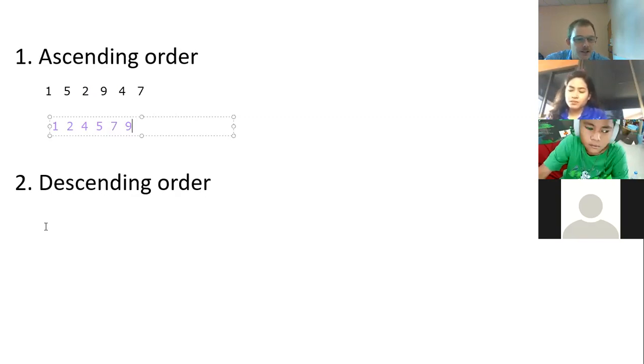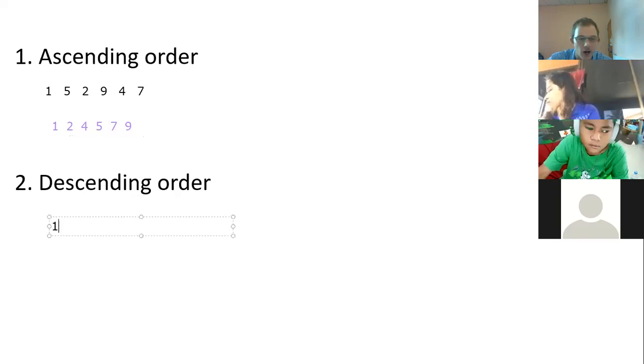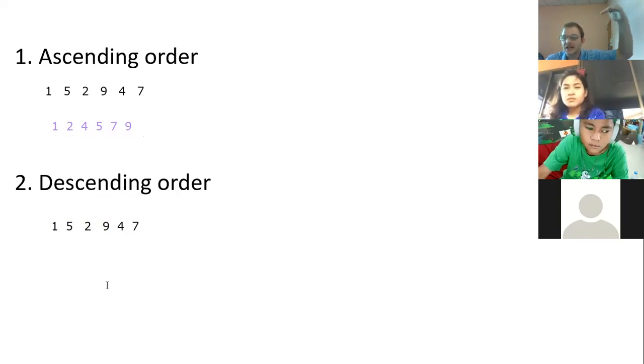But what if I take the same numbers here and I put 1, 5, 2, 9, 4, 7. And they ask me to write it in descending order. Descending means descent, meaning decline, meaning go down. D for down. So we start at the top with a big number.